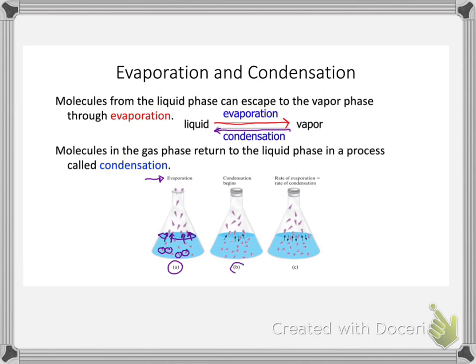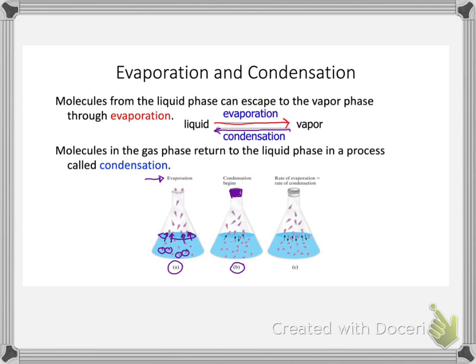Now the second picture, what they did is they capped the Erlenmeyer flask. So now the vapor cannot just continue on out into the air, but it's trapped inside the container. A liquid will evaporate as it gets enough energy to break free from its liquid and turn into a vapor.